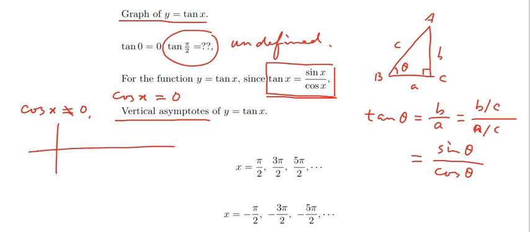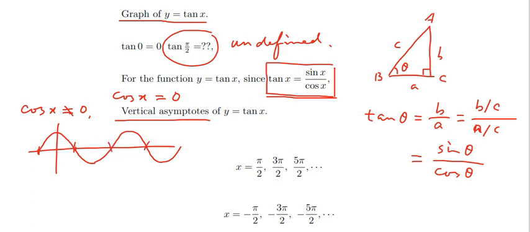The cosine graph looks just like sine, but starting from here. So where is cosine 0? Here and here, those are 0.